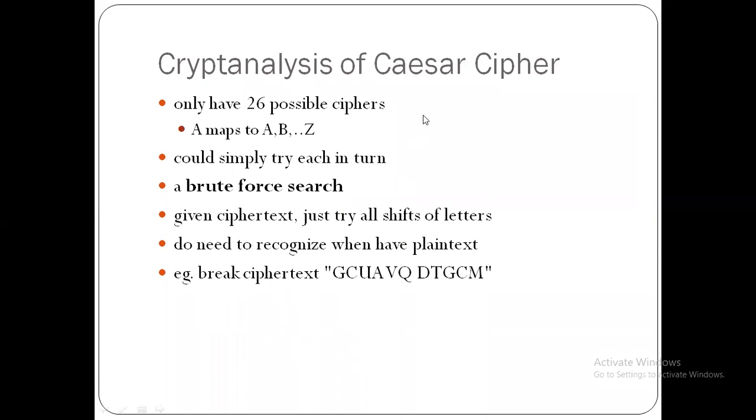So what we are doing is trying to find out the different ways we substitute our plain text with a different letter. So that is the cryptanalysis of the Caesar cipher.